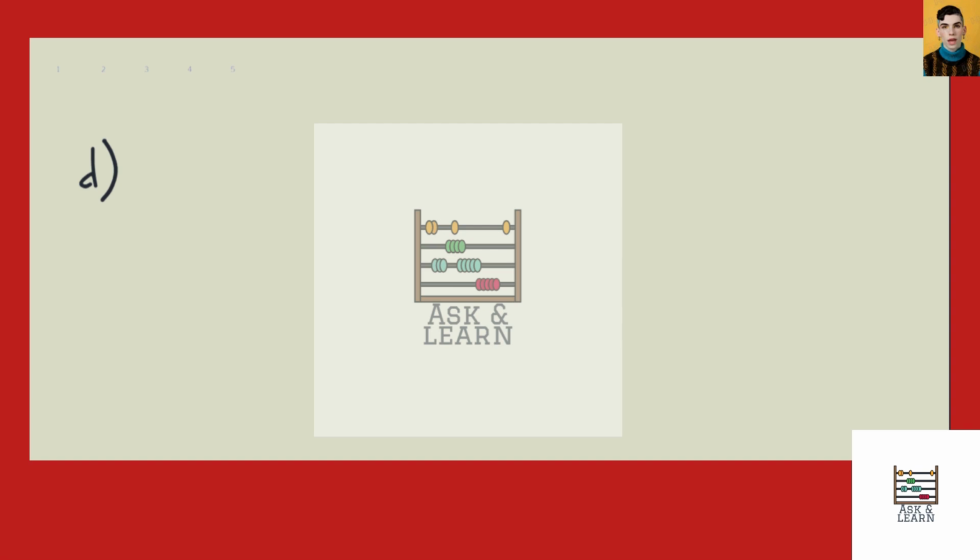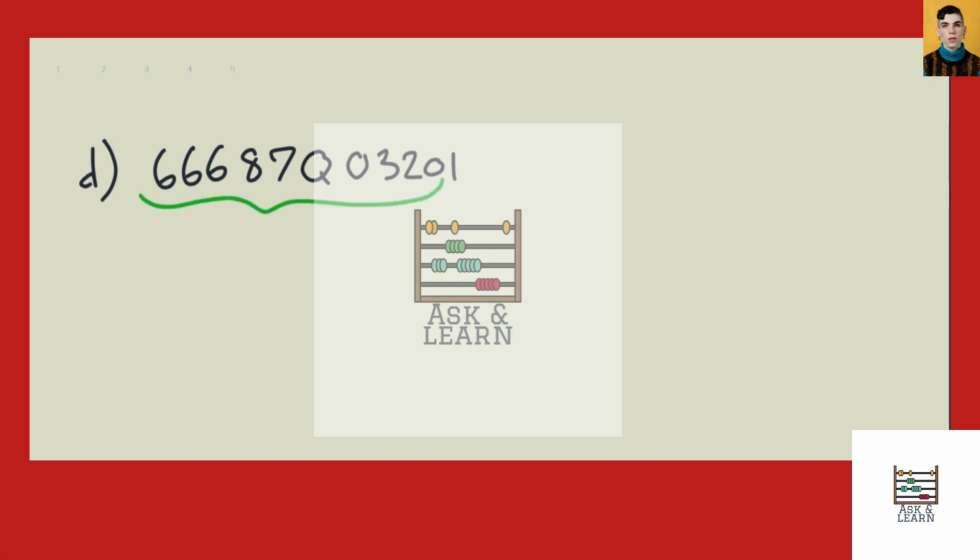And finally, our last one here is 6, 6, 6, 8, 7, Q, 0, 3, 2, 0, 1. We'll sum the first 10 elements here to get Q plus 38, and we want to take that whole thing mod 9.